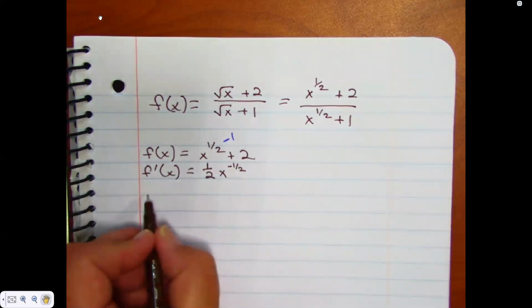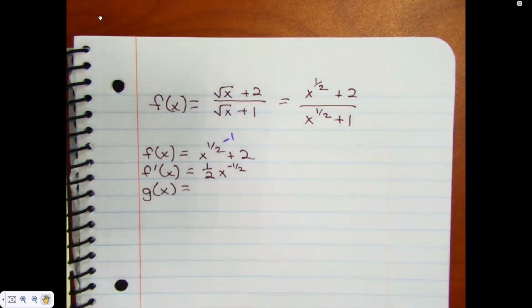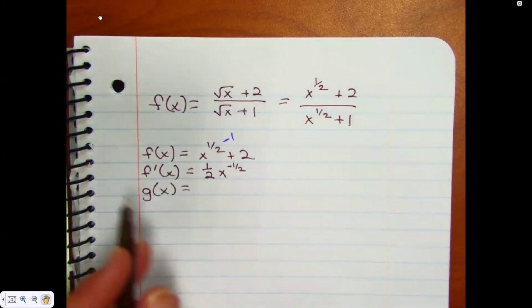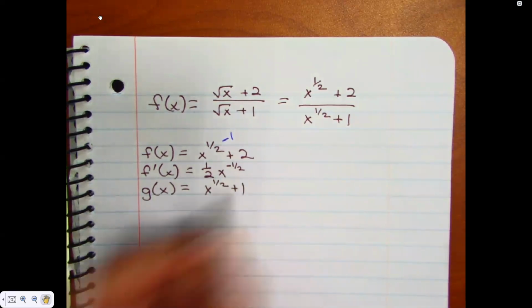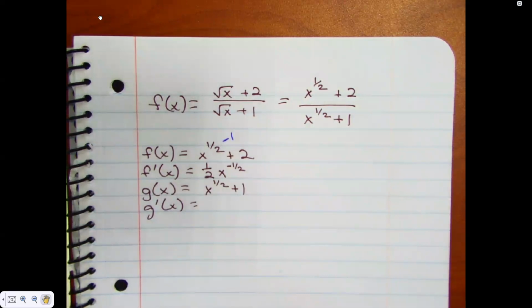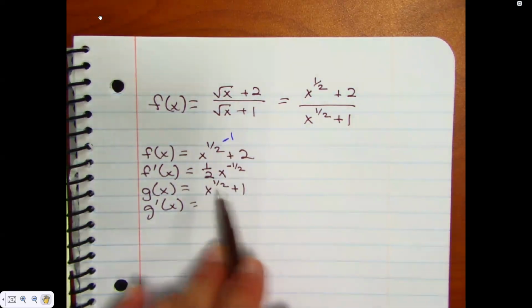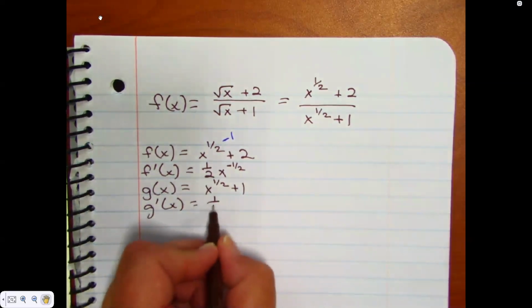All right, g of x, are we okay on that? We get to practice it again, so we can't go wrong. G of x is x to the 1/2 plus 1. And actually, look at this. What is its derivative? It's actually the same thing, because those constants don't affect the derivative. So roll it down 1/2.